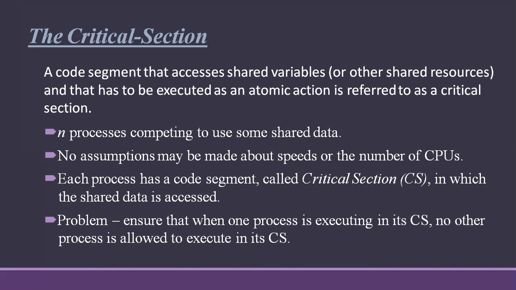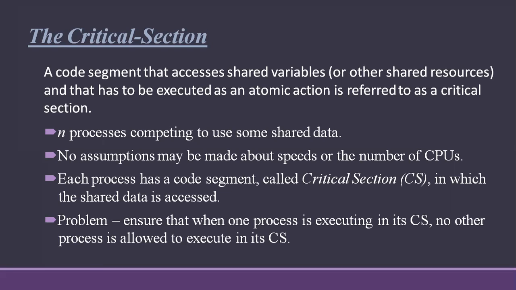Consider a system consisting of n processes, and each process has a segment of code called a critical section in which the process may be changing common variable values, updating a table, writing a file, and so on. We cannot assume how many n processes are competing to use some shared data.